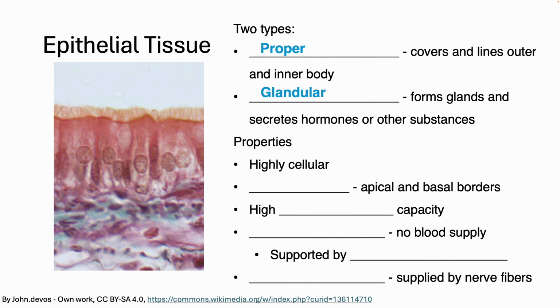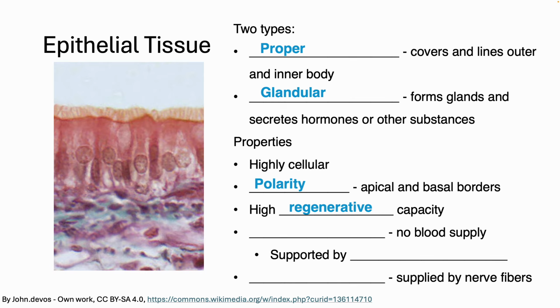Epithelial tissue is highly cellular. It does have a polarity associated with it, which we'll see in the next slide, with an apical and basal border. It does have a high regenerative capacity since this is being associated with the surface of our skin and the surface of our inner organs, the lumen of them.